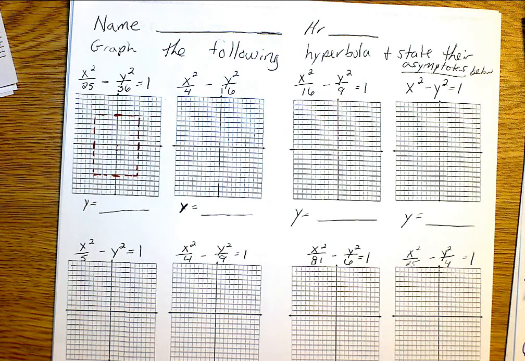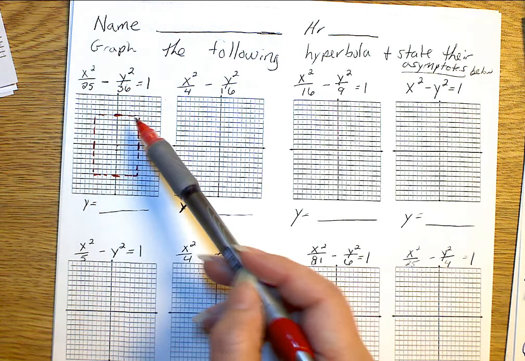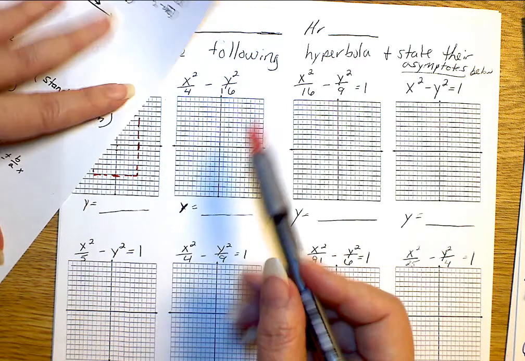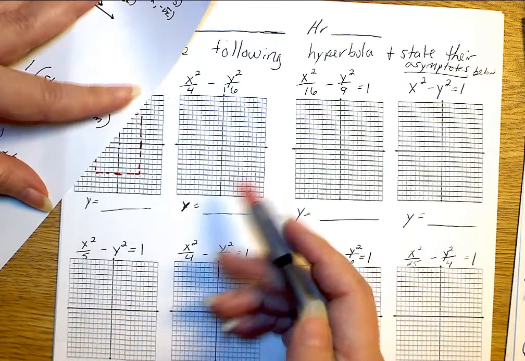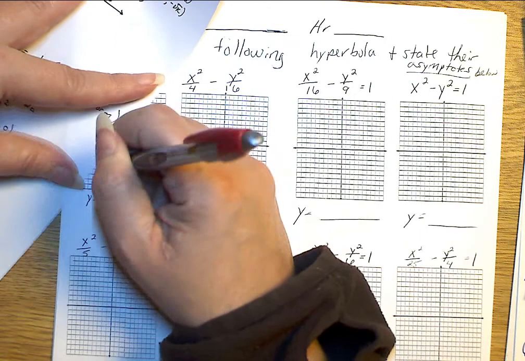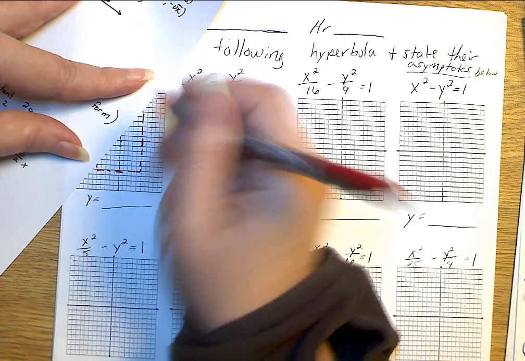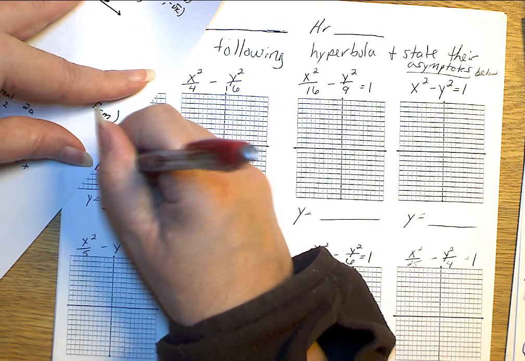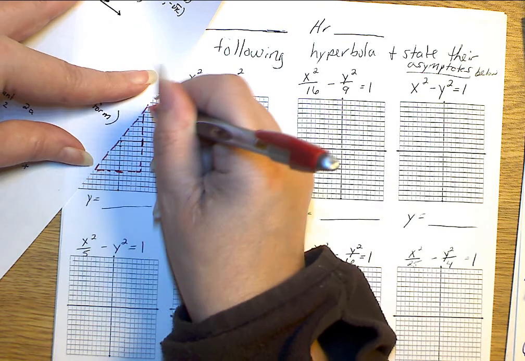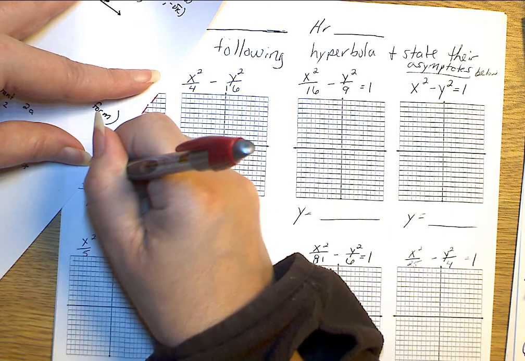Now we have to connect the corners. Since we all don't have rulers, I'm just going to take my paper, and you're drawing a line that is connecting those corners, and it's also dotted. It's okay if you made it solid.